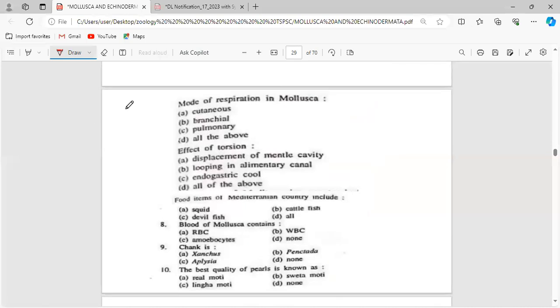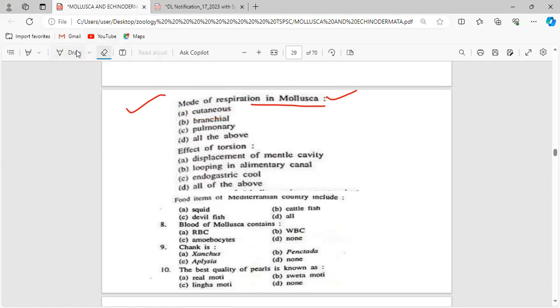Now, mode of respiration in case of mollusca. What is cutaneous respiration?